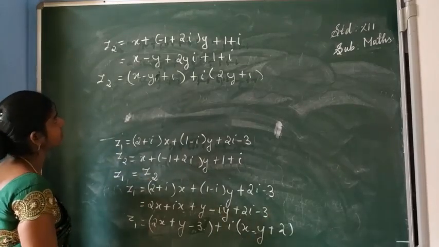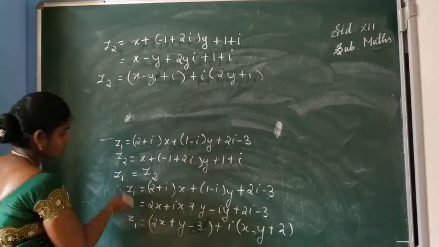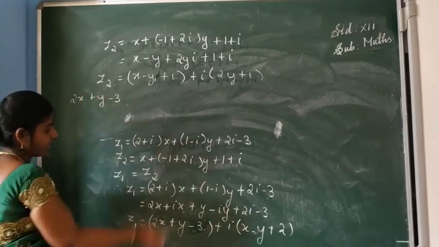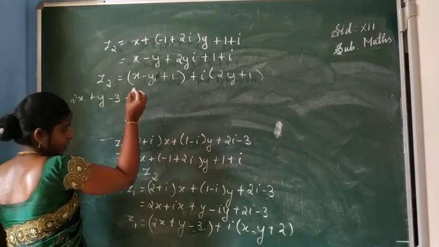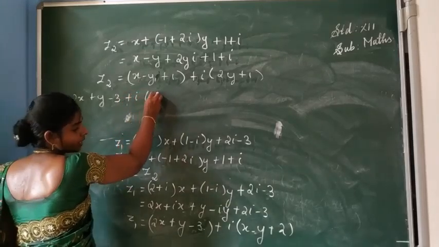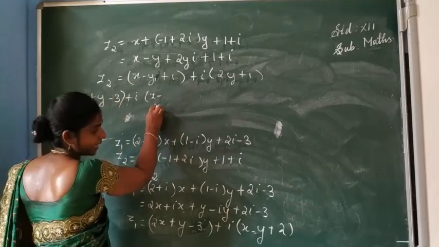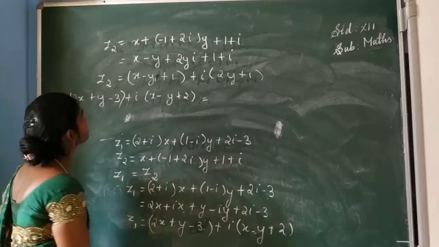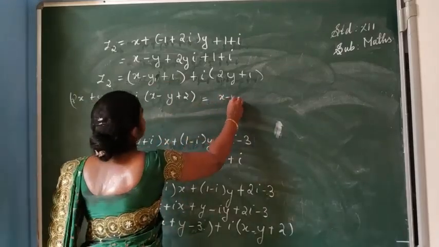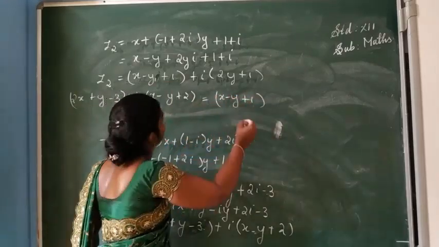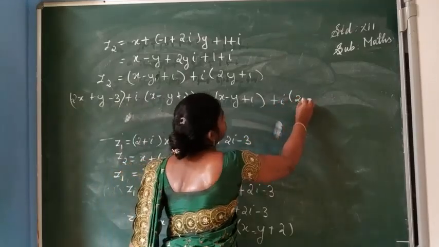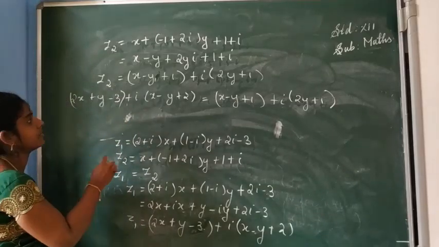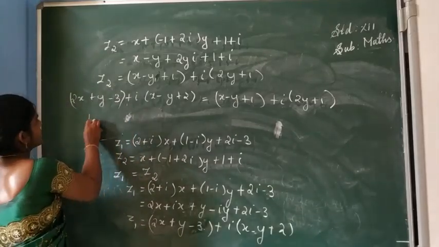So we have the condition with Z1 is equal to Z2. We can equate both the values. So 2x plus y minus 3 plus i into x plus x minus y plus 2 is equal to x minus y plus 1 plus i into 2y plus 1. Now we can equate the real part and imaginary part.